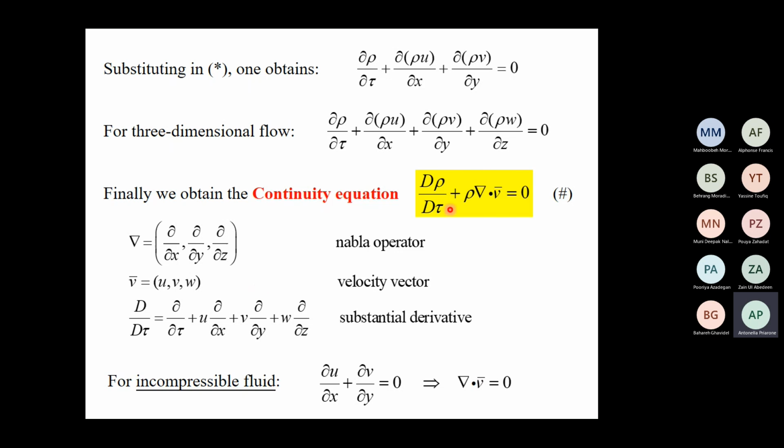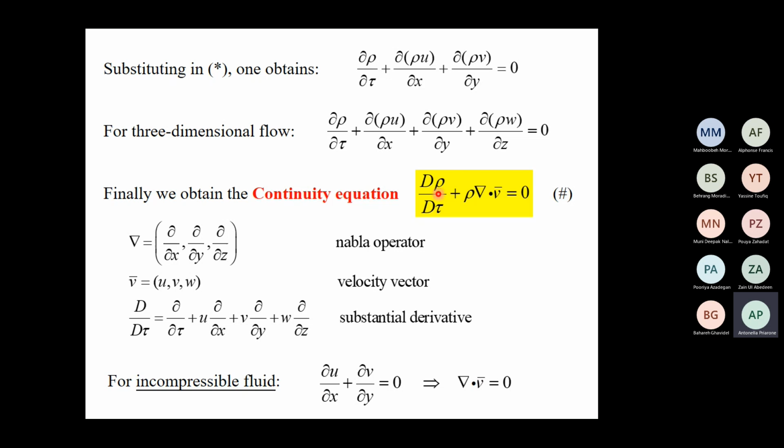I have nothing new from a physical point of view, simply a different way to write this expression, but from the mathematical point of view it's better. If I assume an incompressible fluid, which means constant rho, I can obtain finally this expression.